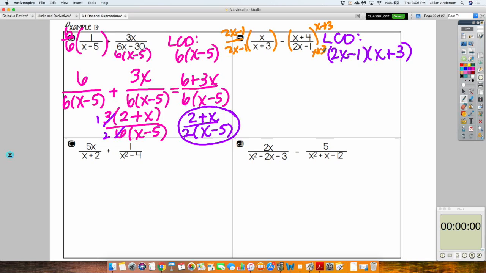Okay? After this, it becomes some algebra. All right? And these boxes are too small for my handwriting. So this becomes 2x squared minus x all over the common denominator, minus x plus 4 times x plus 3. I am going to go ahead and FOIL that out.